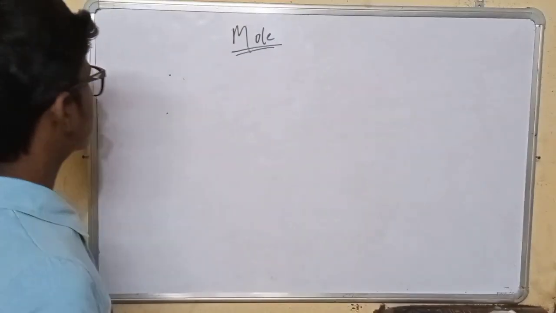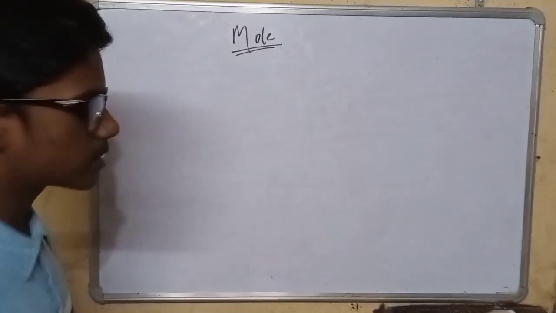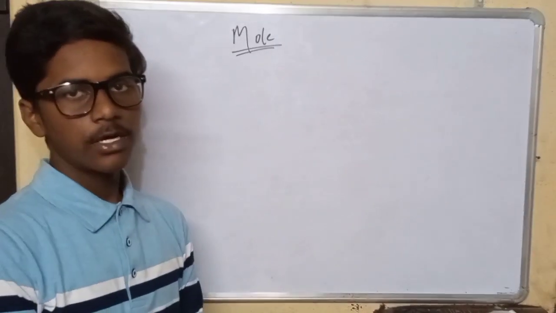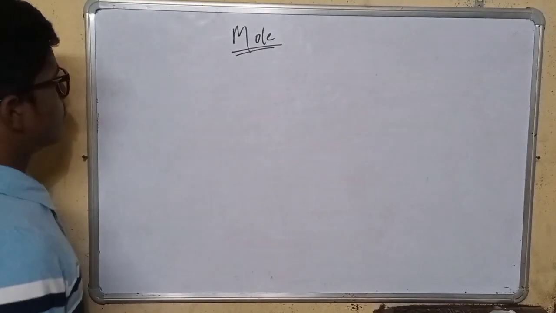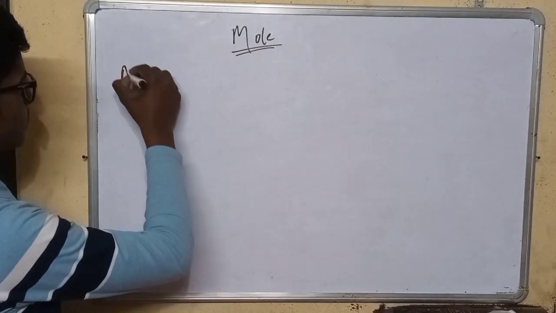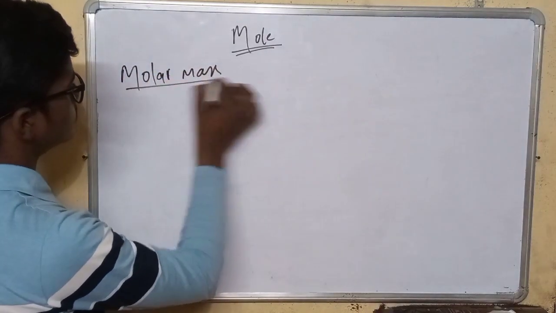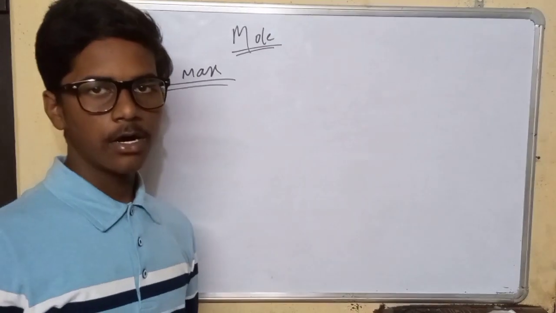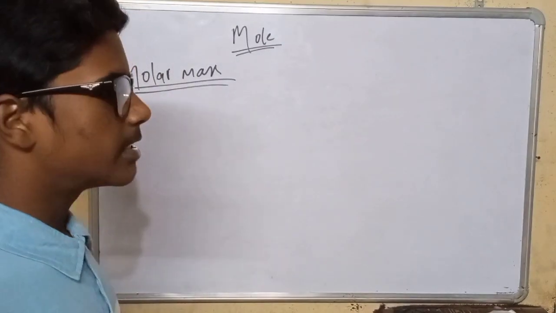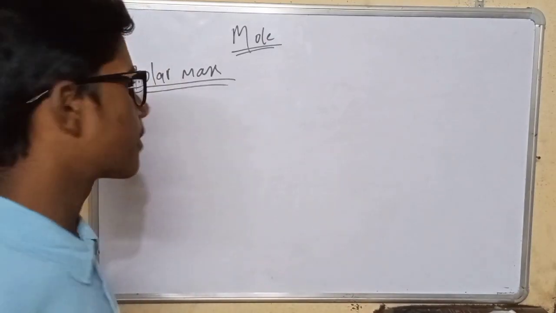So there are some terms we are required to know. First is molar mass. The molar mass of any compound or atom is equal to its molecular mass.